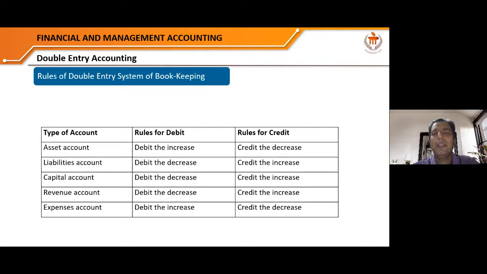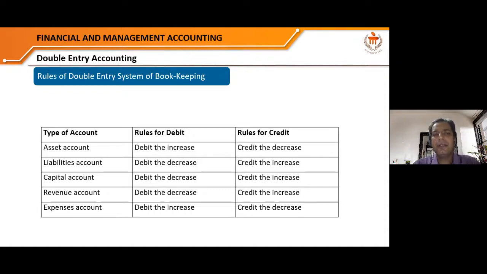Whenever they increase, I'll debit them, and whenever they decrease, I'll credit them. All my revenues and liabilities fall into another category. If they increase, I'll do the opposite: I'll credit them, and if they decrease, I will debit them.